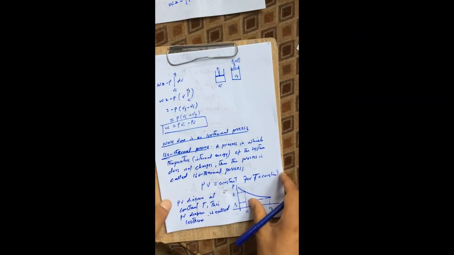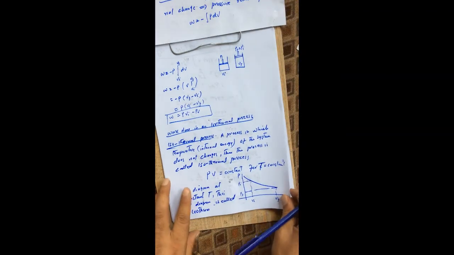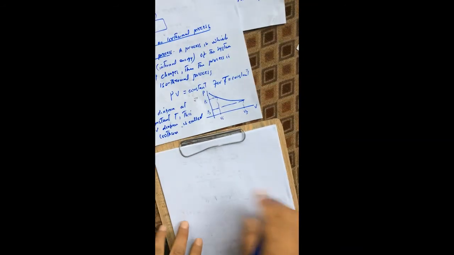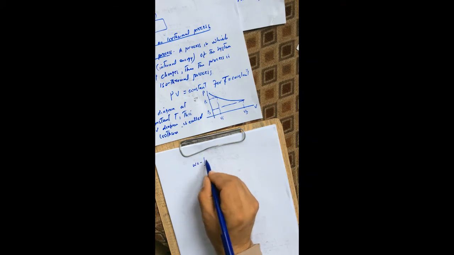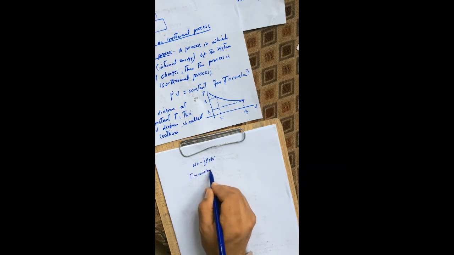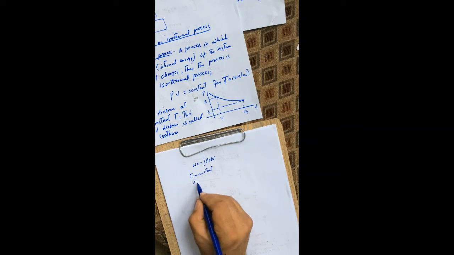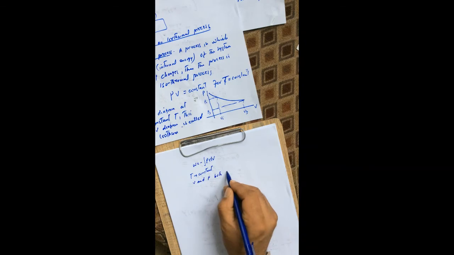Now the work done in this isothermal process is given by minus integral of P dV. Now temperature is constant, while volume and pressure are both changing.